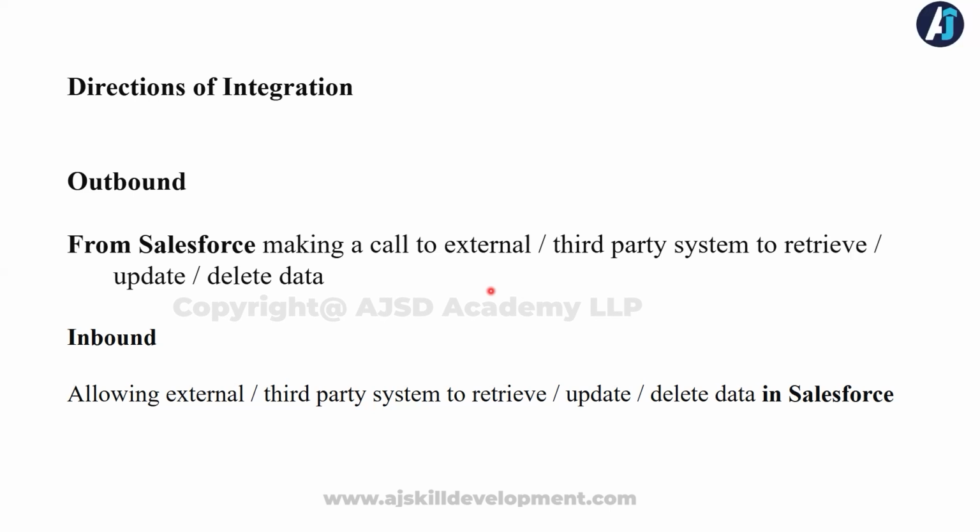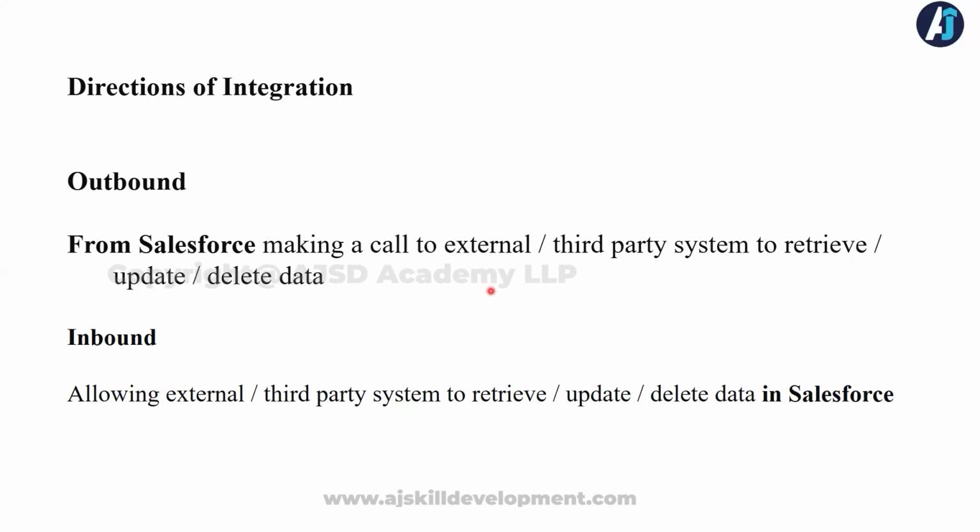From Salesforce, we are making a callout. The callout may be done to retrieve your data or update your data or delete your data, that's a different story. If you are going to make a request from Salesforce to a third party system, then we generally call it outbound integration.